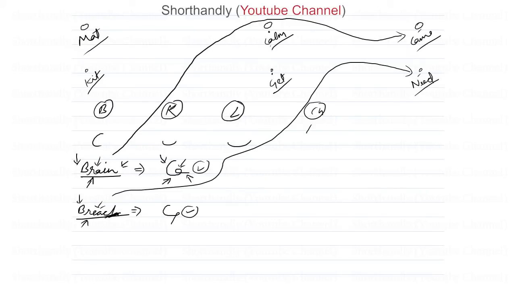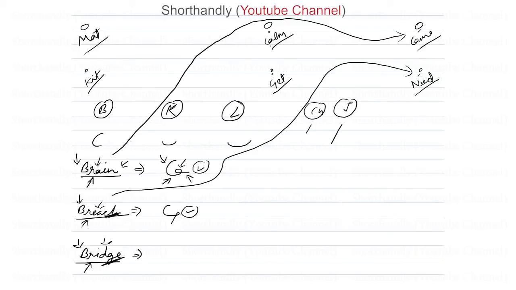Let's take another word called bridge. Again B, then R, then E vowel, then we have this J sound. J in Gregg Shorthand is made like this, a long stroke.